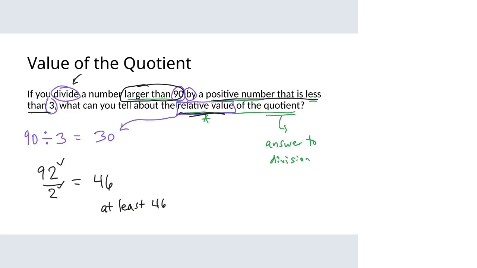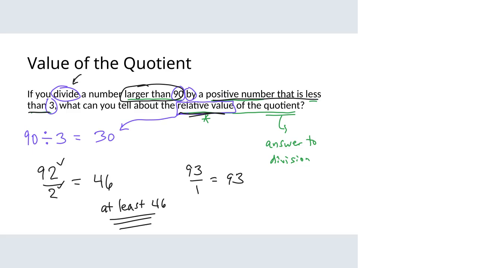That seems reasonable. I don't know if I went bigger and smaller, right? If I did 93 divided by 1, I would get 93. Okay, so my at least 46 still holds. Is at least 46 going to be good enough? Is there anything I could do, some number larger than 90, some number smaller than 3, that would give me something that's not at least 46? And I want you to be nitpicky here.